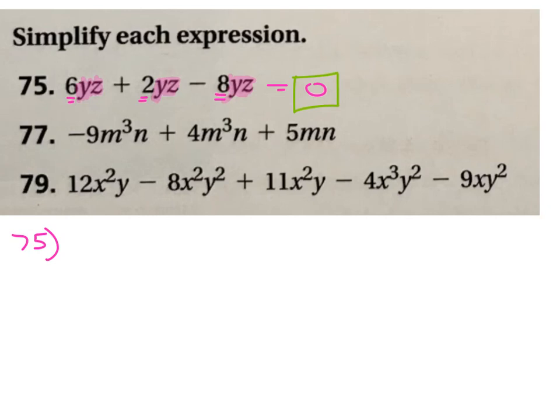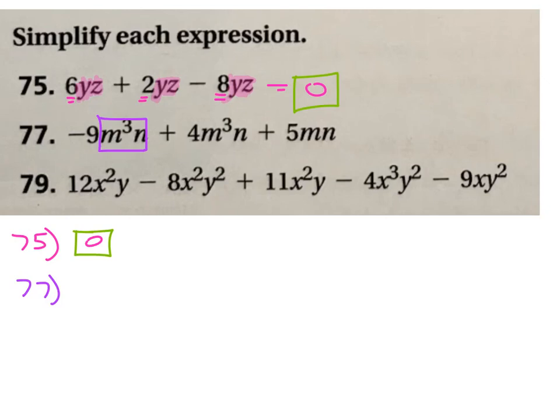Let's look at the terms that we've got. So I will just put 0 here as our answer, and keep going. What are the terms that we've got for 77? Well, we've got an m cubed n term, -9 of them in that one.